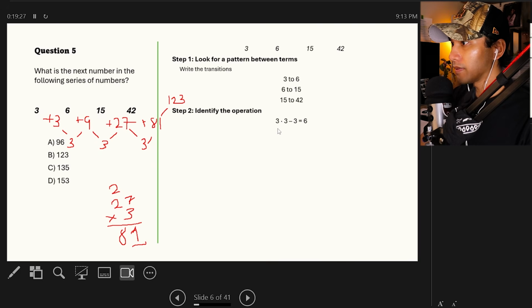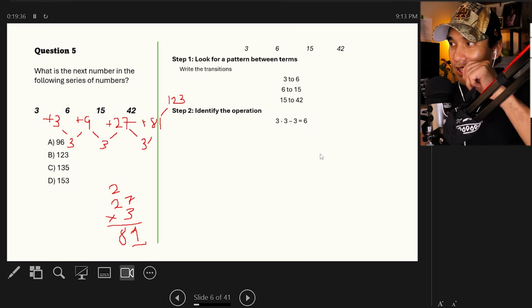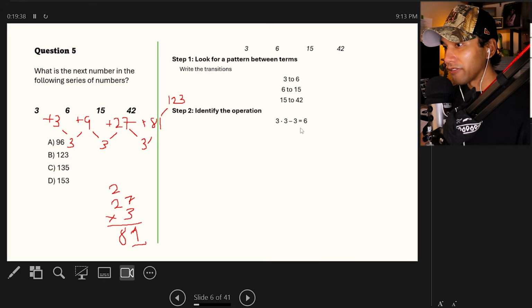Identify the operation. We know from this it was 3 times 3 minus 3 equals 6. This is a different way to find the operation to find the next number. What they did was 3 times 3 minus 3, which is kind of mine, but backwards, because I added 3 first, and that's how I figured out that these get multiplied by 3.